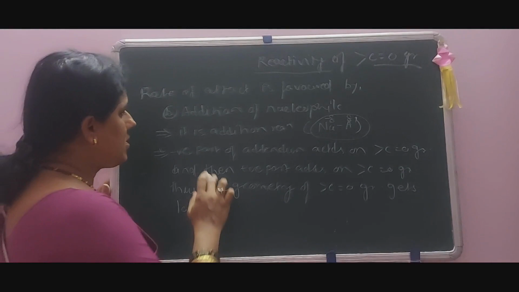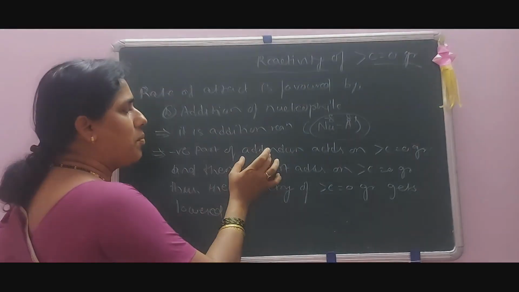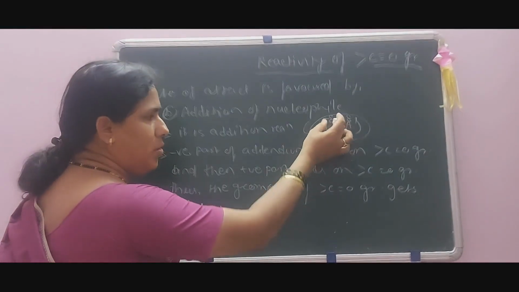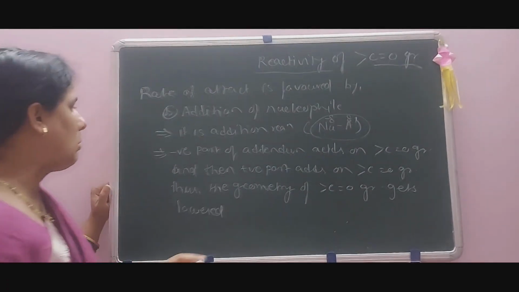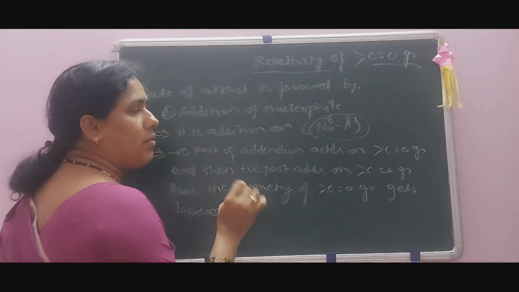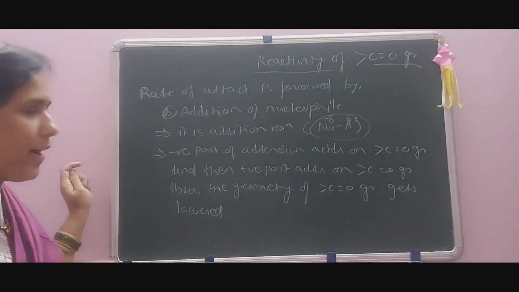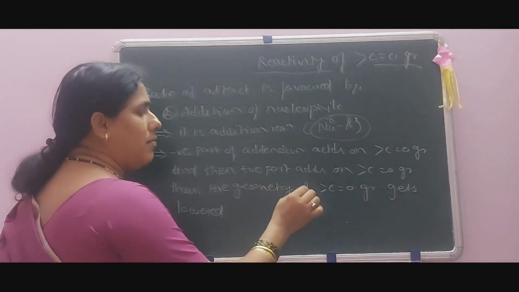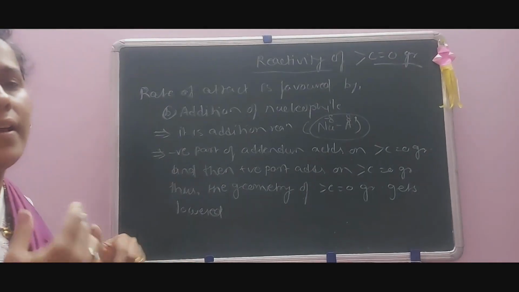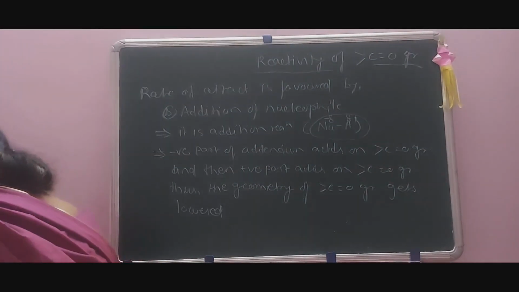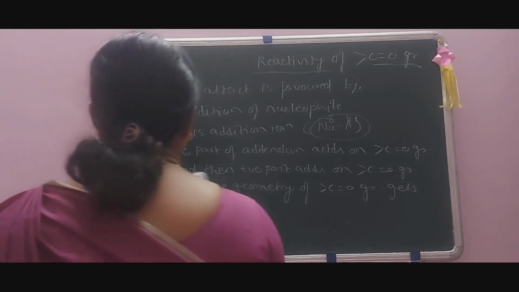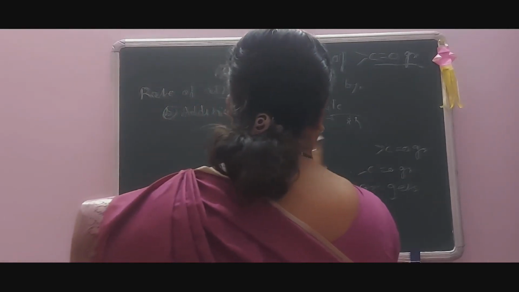That is, the negative part of this addendum, Nu, gets attached to the carbonyl carbon, and then the positive part gets attached, thus changing the geometry of the complex.